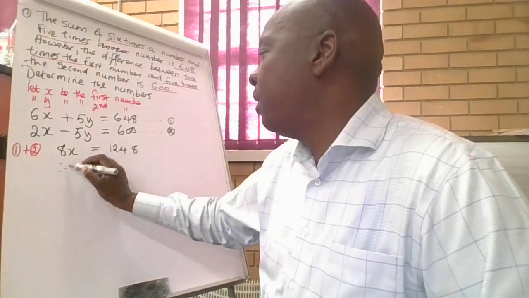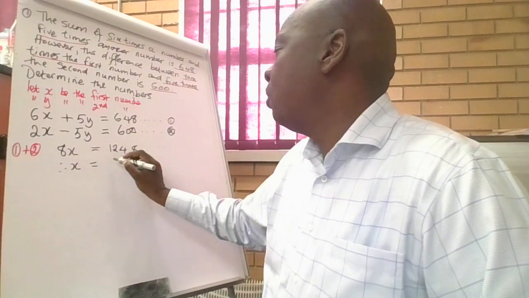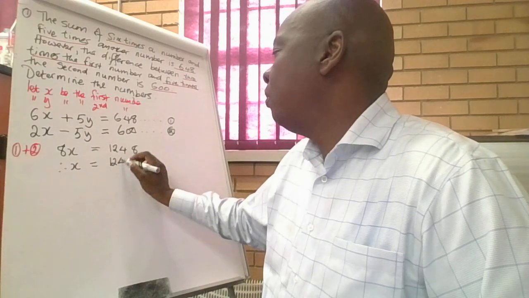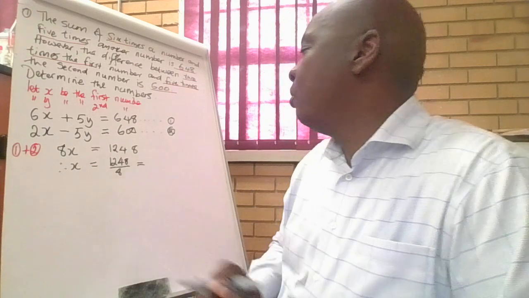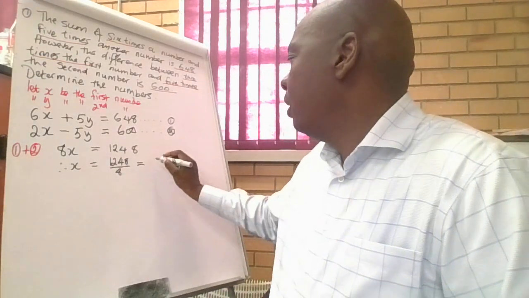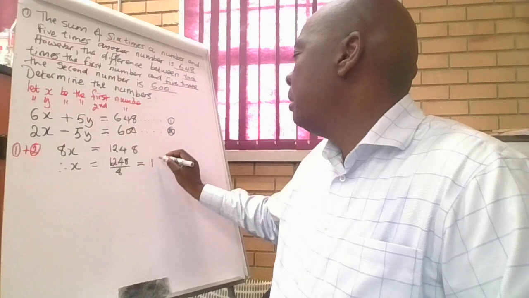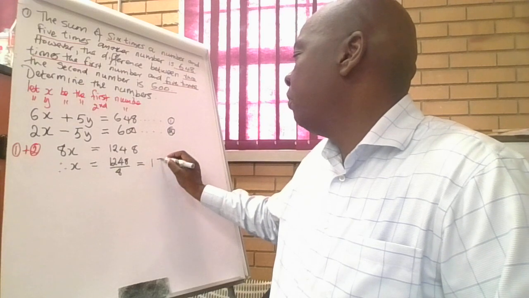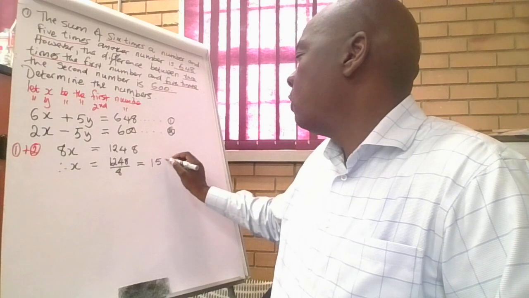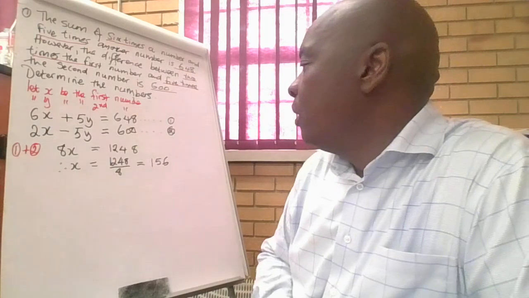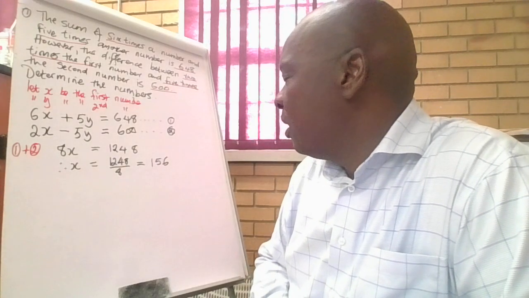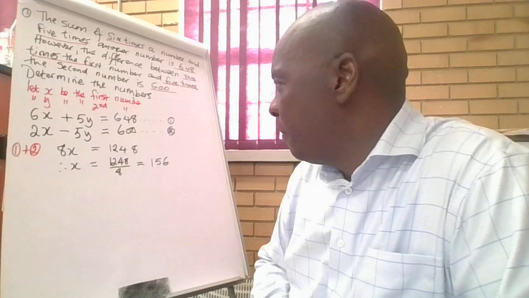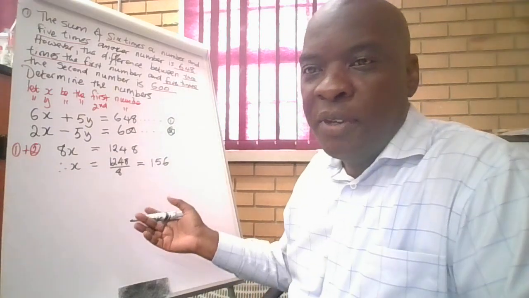It follows therefore that x should be equal to 1,248 over 8, which is equal to 156. 1,248 divided by 8 is 156. So I have now the value of x.